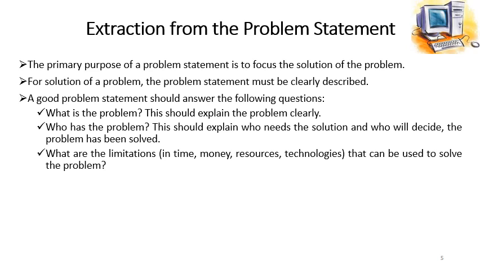Further, we have to tell them about the time, which is the time that we have to develop that information system, or give them the specific time in which we need the solution of the problem.